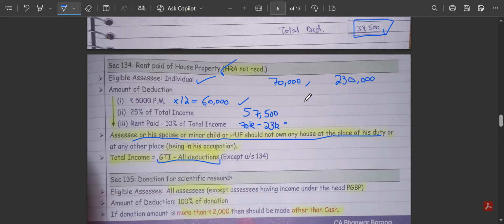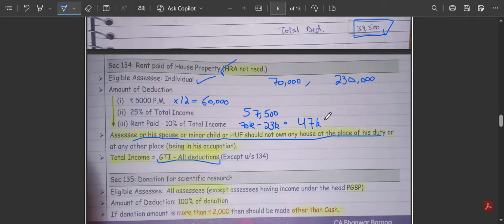This gives us an amount of 47,000 rupees. So we'll see the lower amount of these three, and he will be eligible for that. So clearly, the lowest one is rupees 47k. So the SSC will be receiving a deduction of 47k in this case.